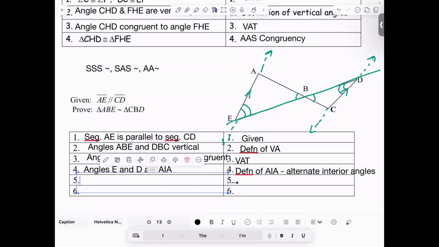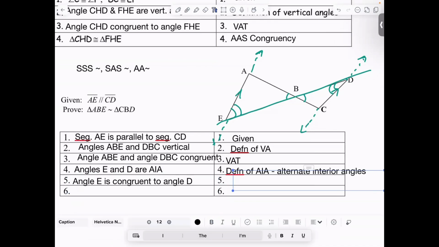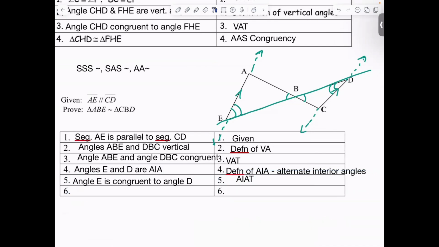Okay, so angle E is congruent to angle E. And that is by AIAT. We'll just use the alternate interior angle theorem. So when we have a set of parallel lines cut by a transversal and we have an alternate interior angle situation, we can say they are congruent to each other.